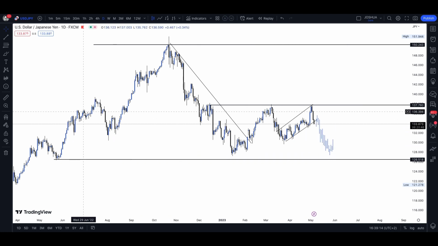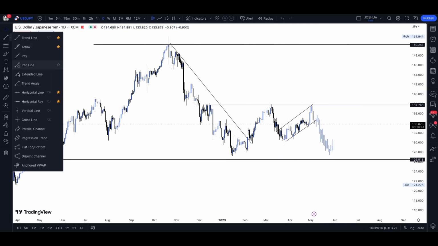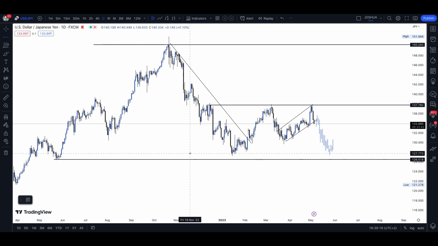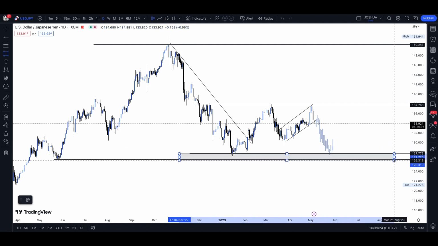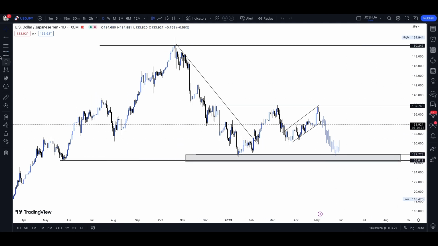So I'm still anticipating the market to drop to this region or area of buyers. From there, we'll be looking for buying opportunities.